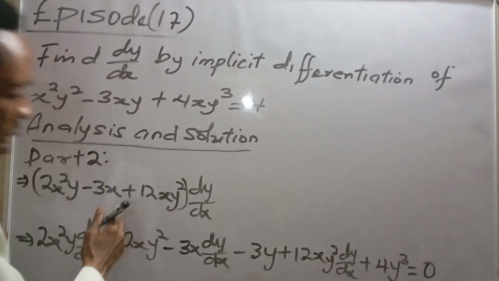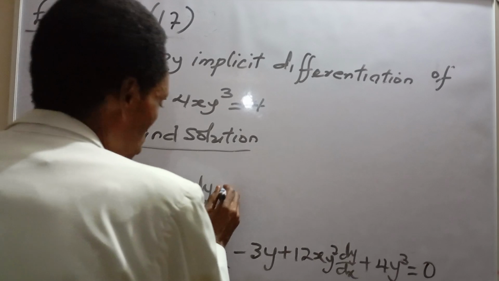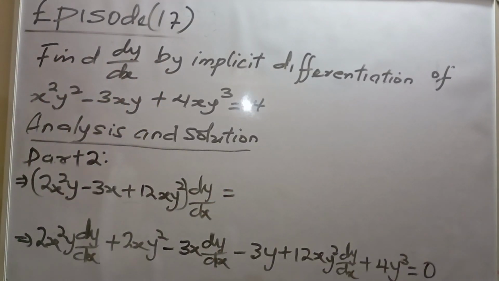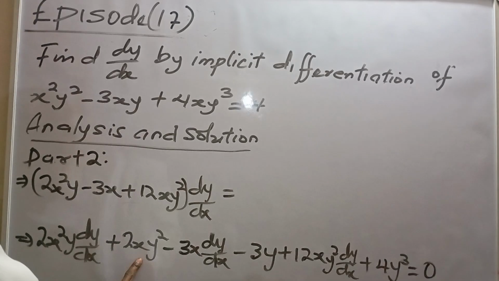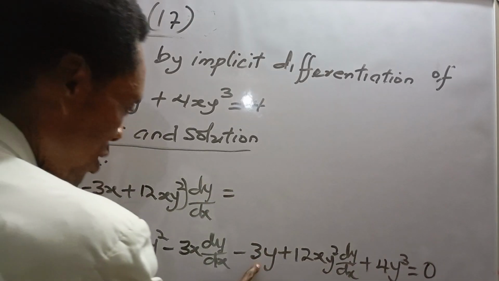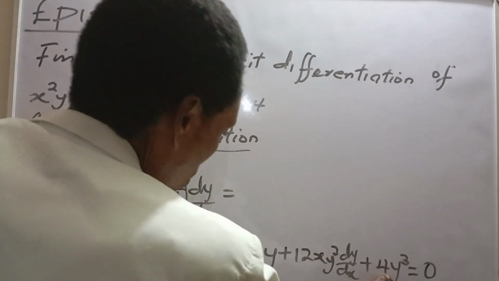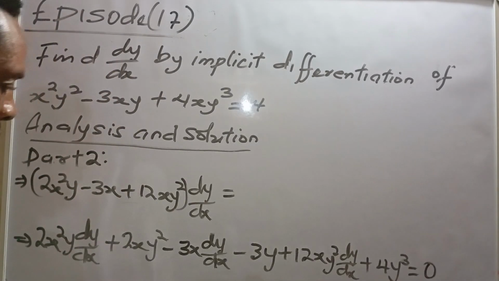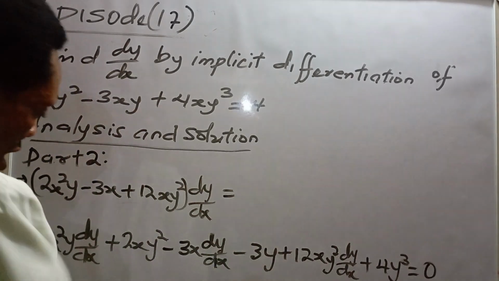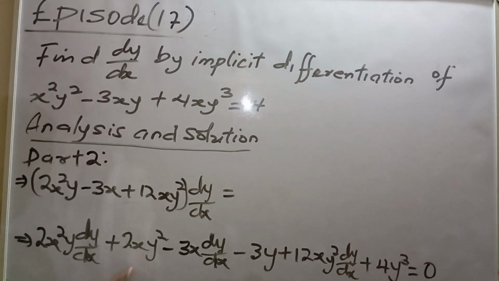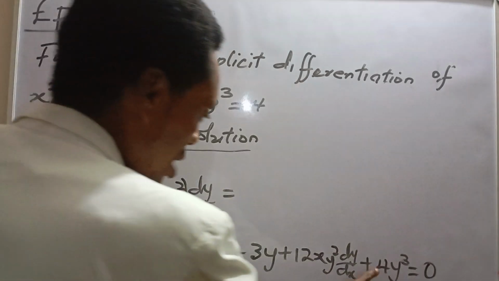So I factor out dy/ds equals, without waste of time, all of them are on the left-hand side. So I have to move this one to the right-hand side, and this one, and this one. By moving them to the right-hand side, their sign will change. This one is plus, this one is minus, this one is plus.